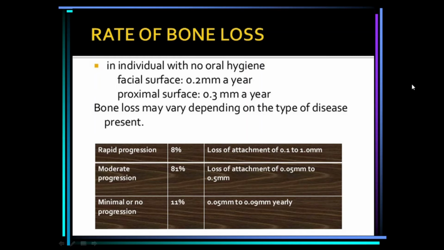Approximately 81% of the individuals had moderate progression of periodontal disease with yearly loss of attachment of 0.05 to 0.5 millimeter. The remaining 11% of the persons had minimum or no progression of periodontal disease, of about 0.5 to 0.9 millimeter yearly.